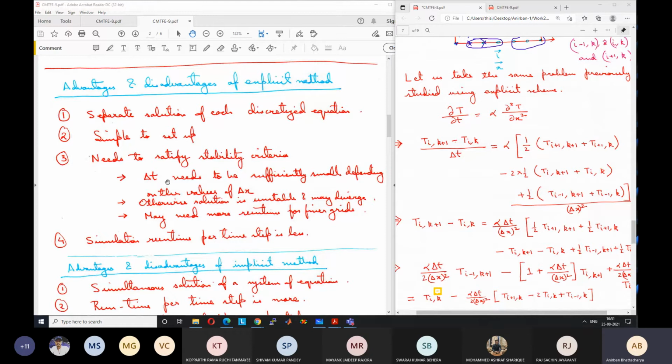So the smaller the value of delta x, the smaller the time step we need to take for an explicit scheme. We will see later that this time step depends on delta x square. So if I have, say, a 10 millimeter grid size, meaning the spacing between two grid points is 10 millimeter, and I find that the problem is solvable while taking a time step of 1 second.